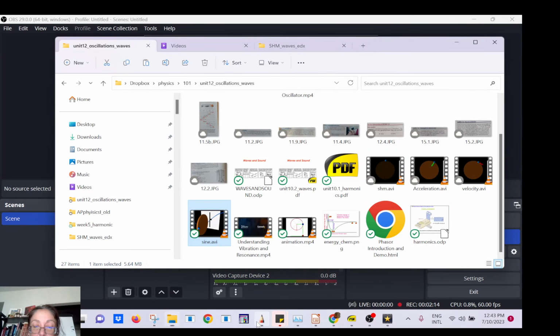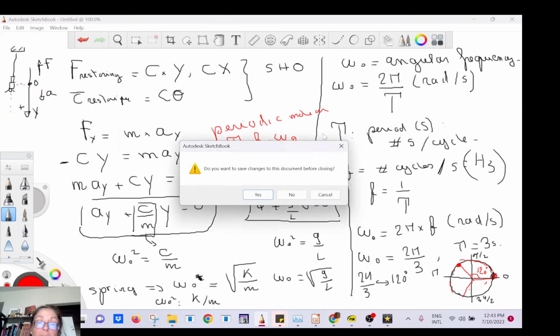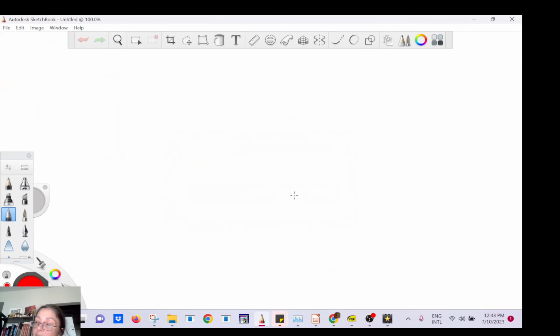So the conclusion is that each time you have a simple harmonic motion, then you can describe its displacement. It could be the displacement along the x or along the y, or it could be angular displacement.